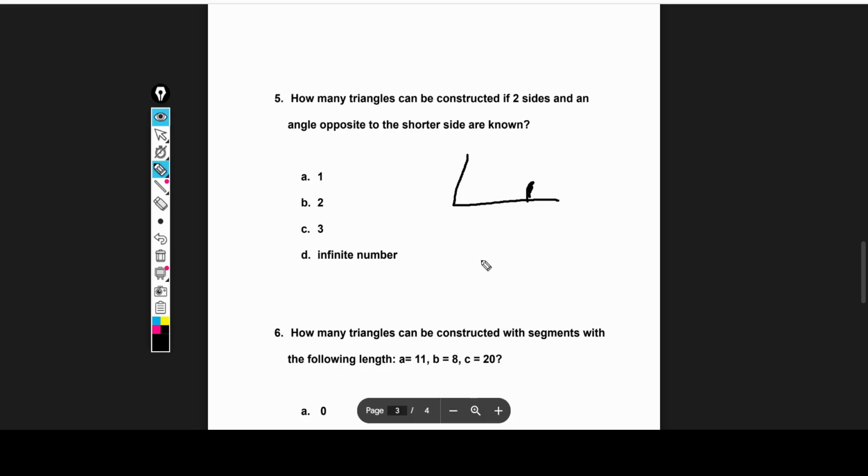The reason for that is because if we draw a triangle that looks like this, and we know that this angle is here, we know this length, and we know this length, there's actually another triangle that has the same length and the same angle here. If we draw this line here, that's the same length, you can see that it also fulfills the same criteria, but it's actually a different triangle. So there's two triangles.